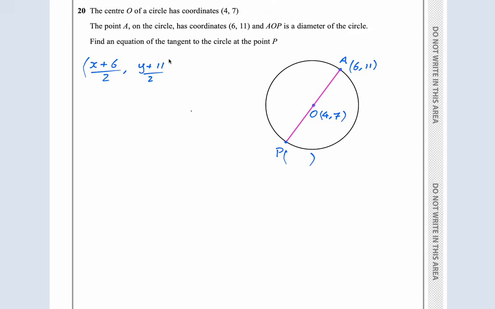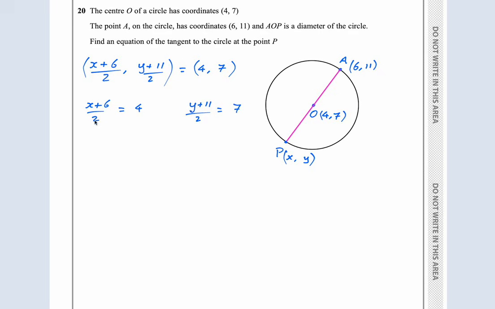That's the midpoint of A and P. This has to equal 4, 7, because the midpoint is O. That means x plus 6 over 2 equals 4, and y plus 11 over 2 equals 7.